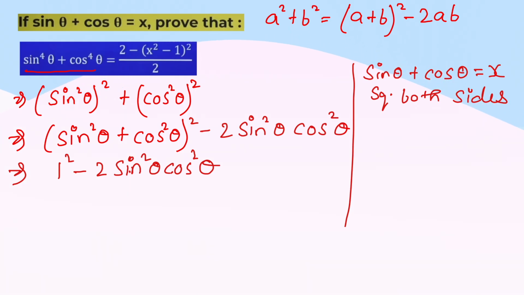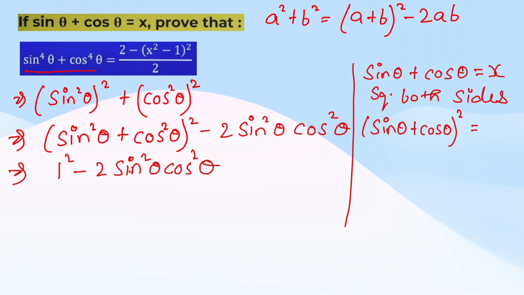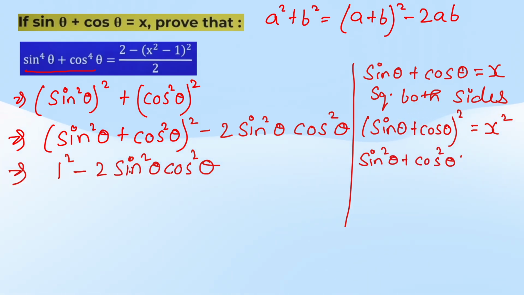So I am squaring both sides. It will become sin theta plus cos theta the whole square equals x square. So a plus b the whole square is a square plus b square plus 2ab. Clear? This is equal to x square.